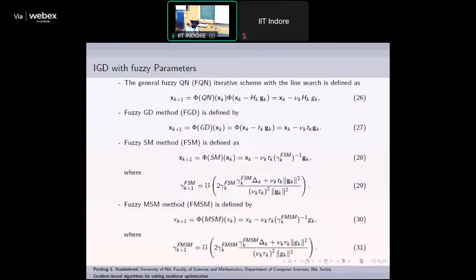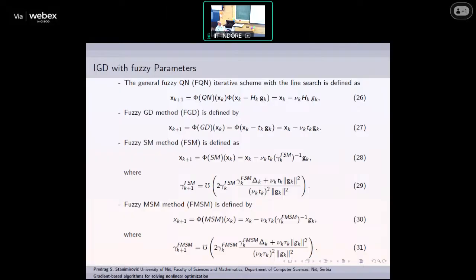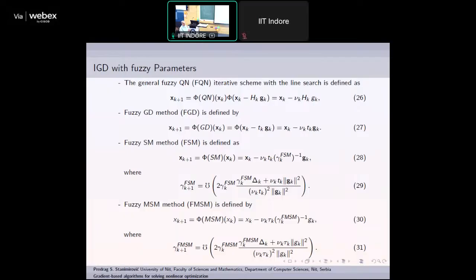And in this way, we can obtain a class of iterative methods. We can obtain a classification of arbitrary nonlinear methods with one additional fuzzy parameter. This additional fuzzy parameter is aimed to trace the behavior of the error function and increase or reduce the step size.